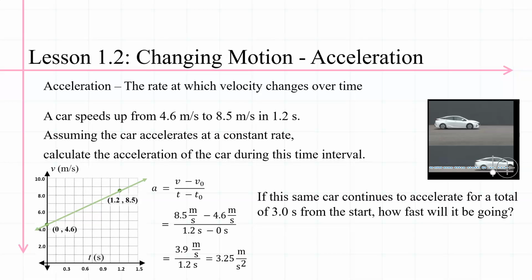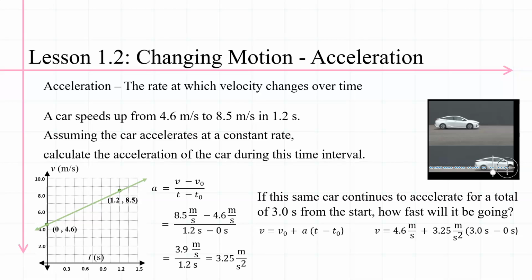If this same car continues to accelerate for a total of 3.0 seconds from the start, so it's starting at 4.6 meters per second, right? And it's accelerating at the rate we just calculated, 3.3 meters per second squared. How fast will it be going after 3 seconds from the start? Well, now we're going to use either you want to call this the slope-intercept form, or more accurately, the point-slope form of this equation.